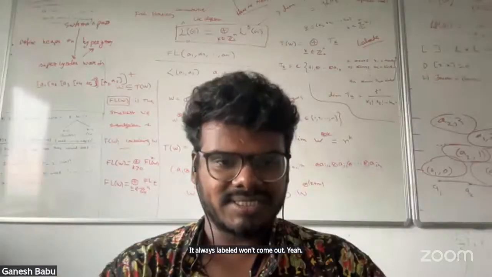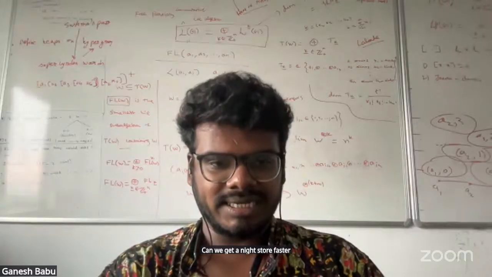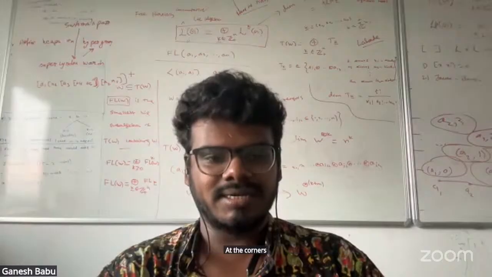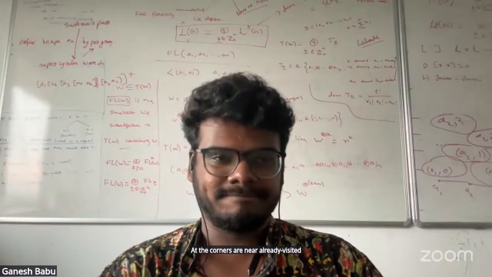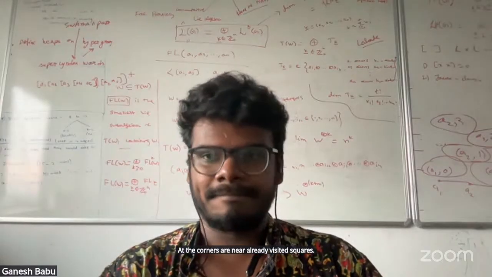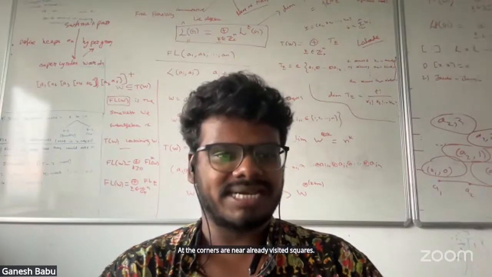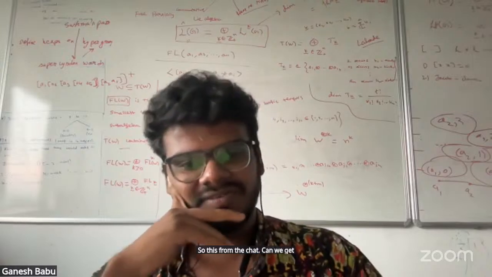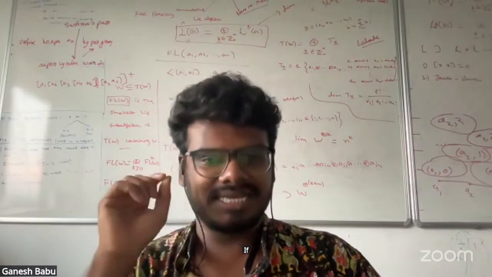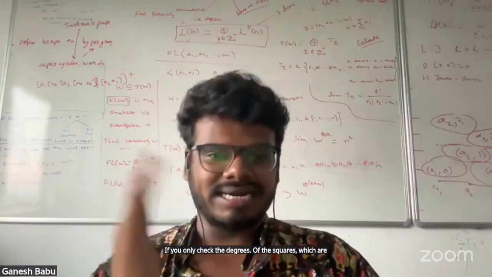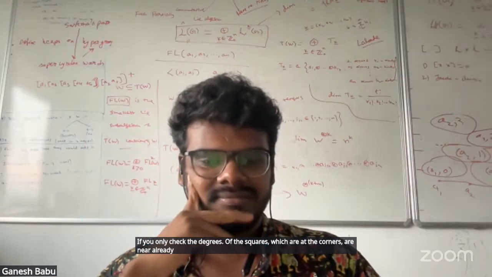Can we get a knight's tour faster if we only check the degrees of the squares which are at the corners or near already visited squares? So this is from the chat.